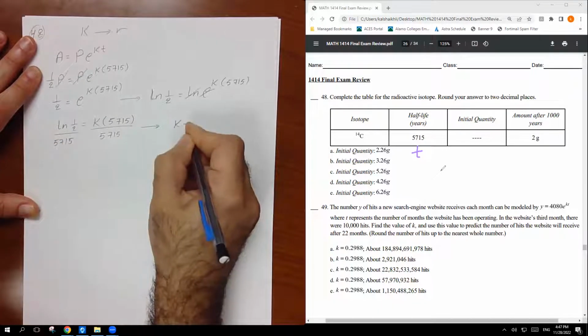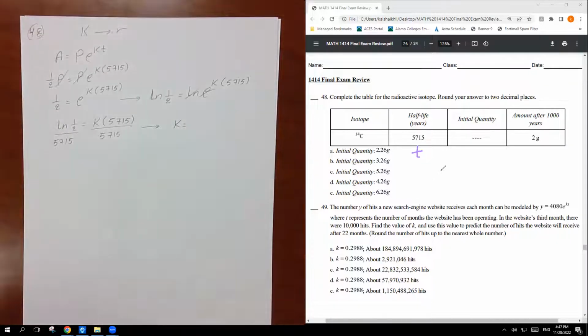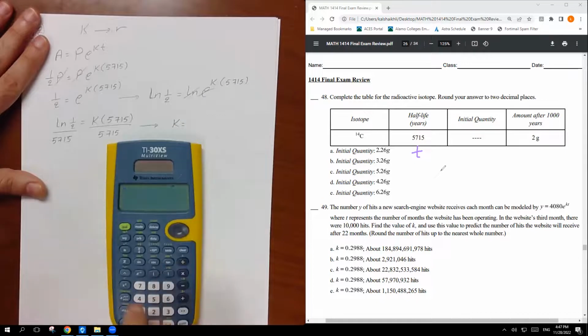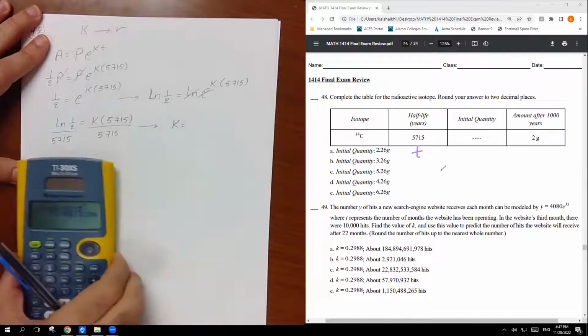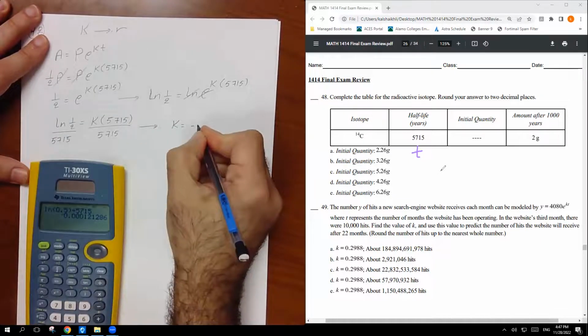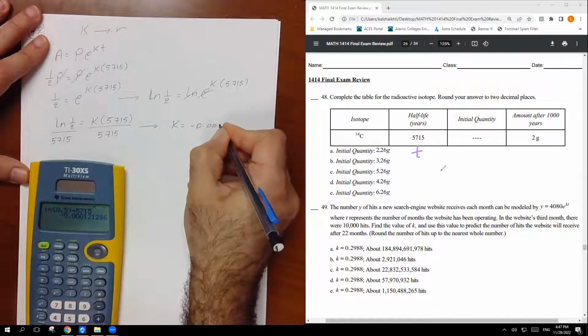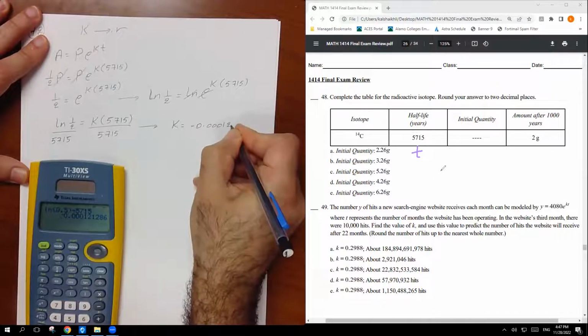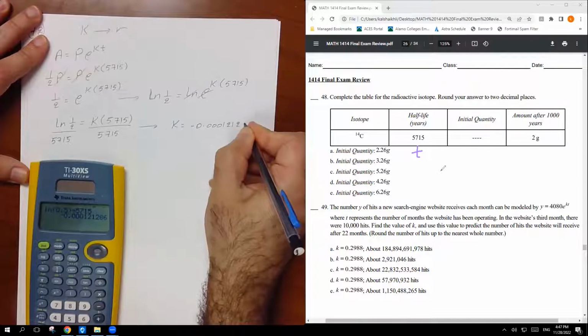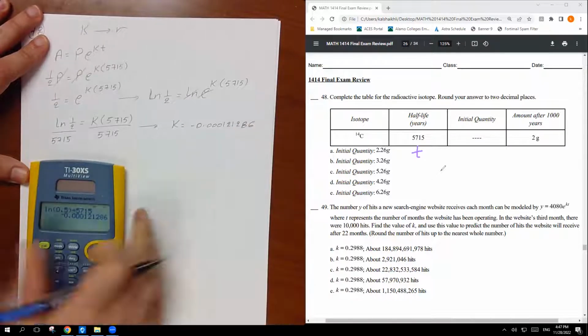So k is going to be equal to, let's check that, ln of 0.5, which is half, divided by 5,715. So k is going to be equal to negative 0.000121286. So this is the k.